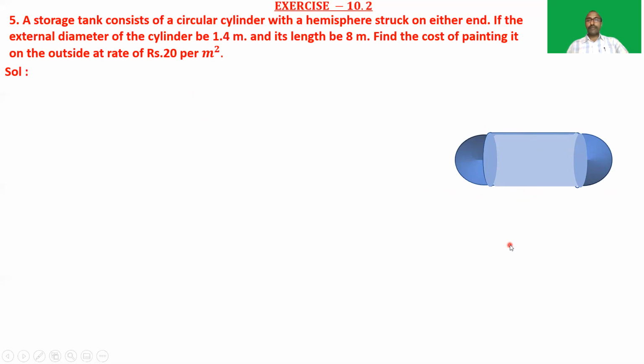And now it's given that the external diameter of the cylinder is 1.4 meter and its length is 8 meter. So the length of the cylinder is 8 meter, and the width of the cylinder is the diameter of the cylinder as well as the diameter of the hemispheres.